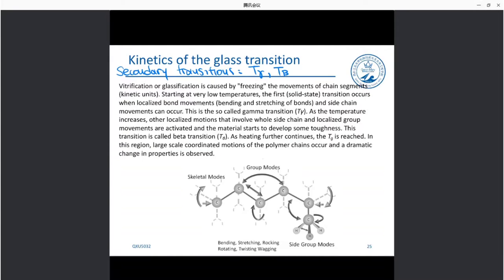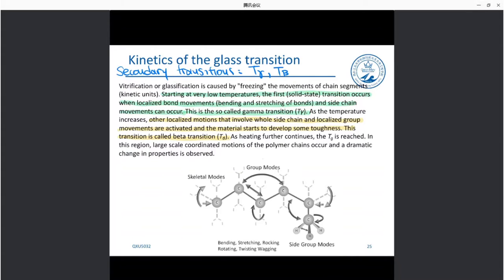Again, we start from very low temperatures and increase the thermal energy. We have the first transition when localized bond movements and side chain movements can occur. That is the gamma transition. And then we have localized motions that involve whole side chain and localized group movements. So this is the beta transition.